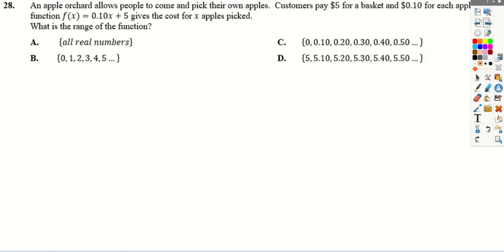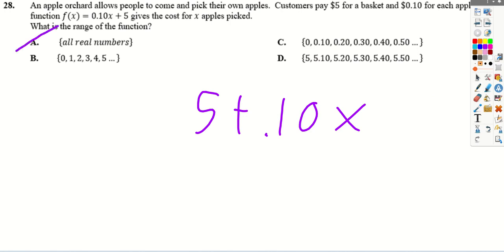An apple orchard charges $5 for a basket plus 10 cents per apple that they pick. All real numbers means I can have negative apples, okay? And we're looking for range, so this is money, because that's our final cost. So I can have negative money for this orchard.